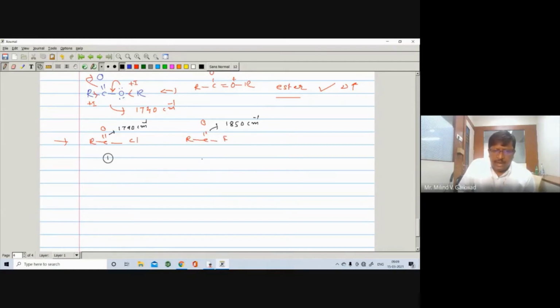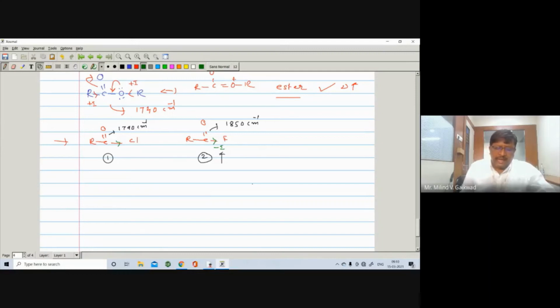So acyl fluoride appears higher than acyl chloride. Why? What is the reason? The reason is that fluorine exhibits a powerful minus I effect as compared to chlorine. So the length of the CO gets decreased as compared to acyl chloride. That's why the force constant is more and the vibrational frequency is more. So if you compare, then we have to write like this.